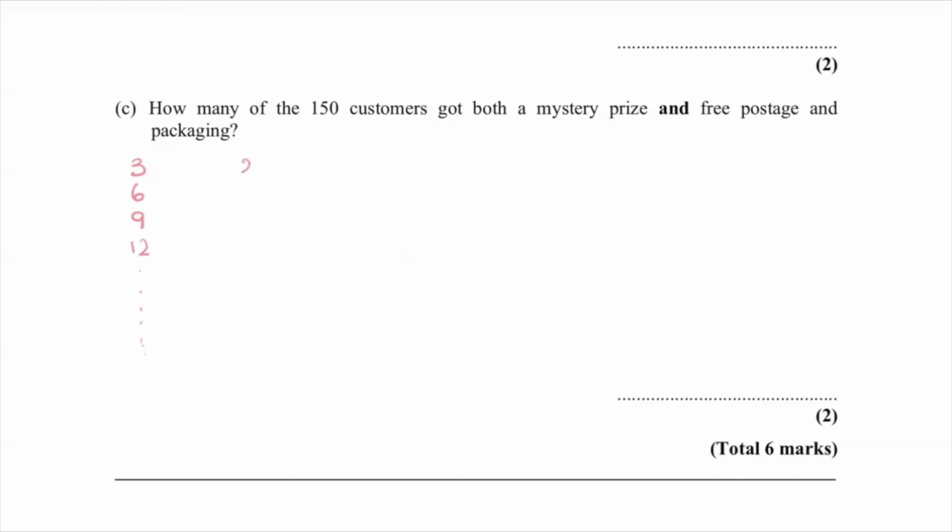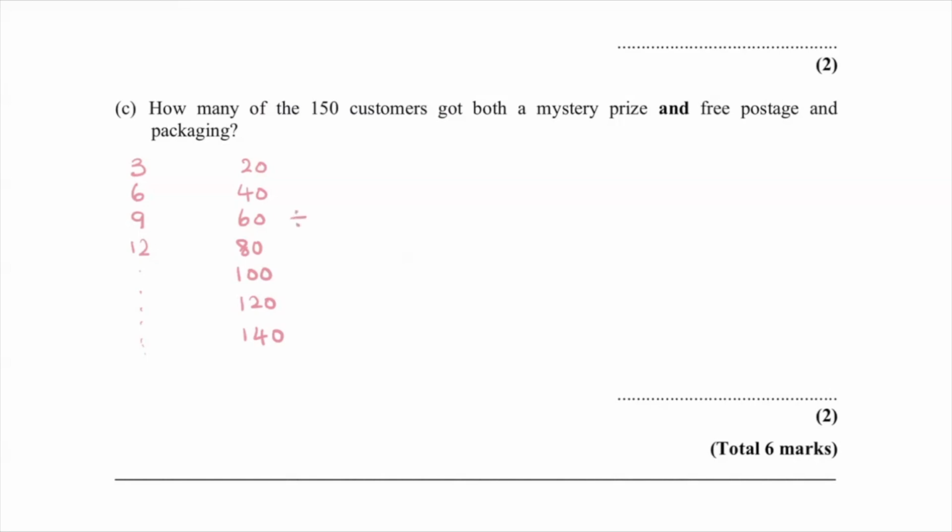So the 20th person got free postage, the 40th did, the 60th did. Now, it doesn't take us much to see all those customers that got the free postage. So we might as well just carry on and list them all out. Now, which ones are divisible by 3?